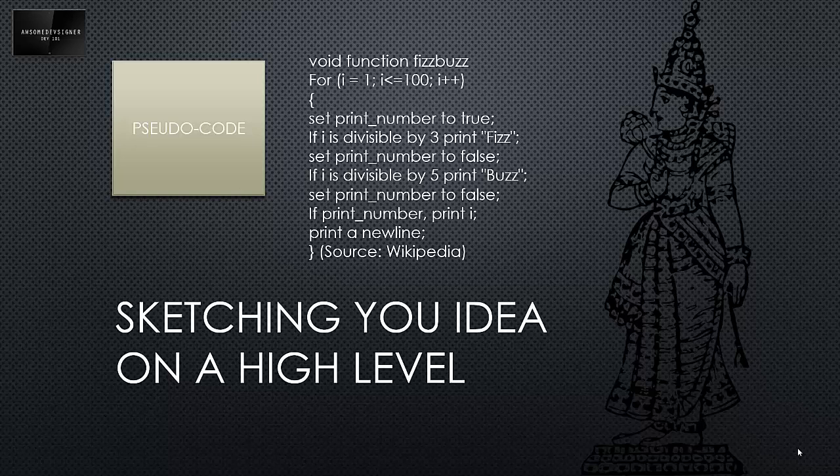You can see this little piece of pseudocode, which I have copied from Wikipedia, and in this line you can see that it's mainly formulated in natural language. This means it is not formulated, for example, as a real if statement. But there is something like, if I is divisible by 3, print fizz, okay?